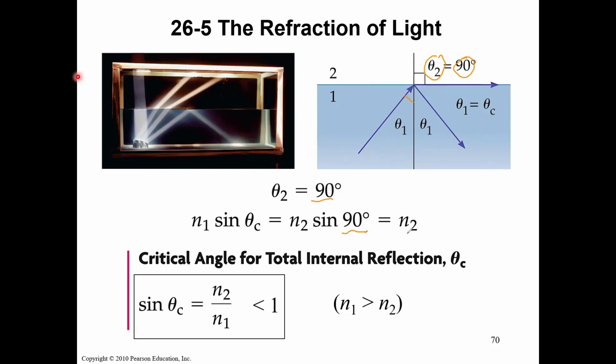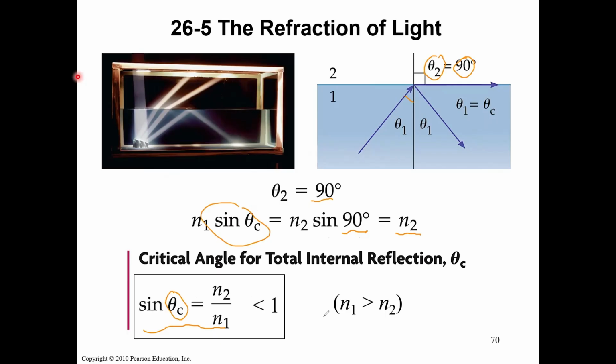Sine 90 degrees is 1, so the right hand side is N2. We find out that theta c is defined by this equation: sine theta c is N2 divided by N1. And N1 is larger than N2, so it is smaller than 1. So we can find a special angle called the critical angle.